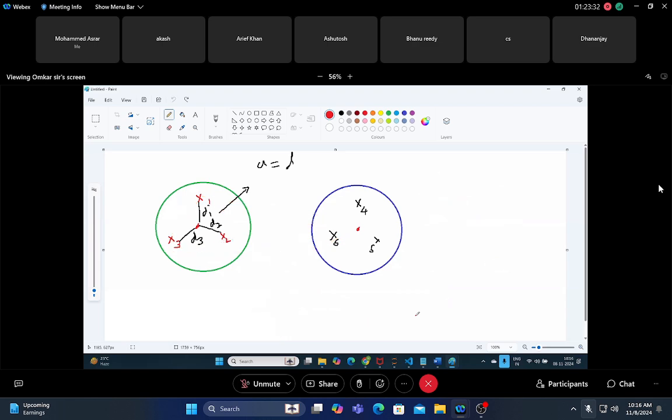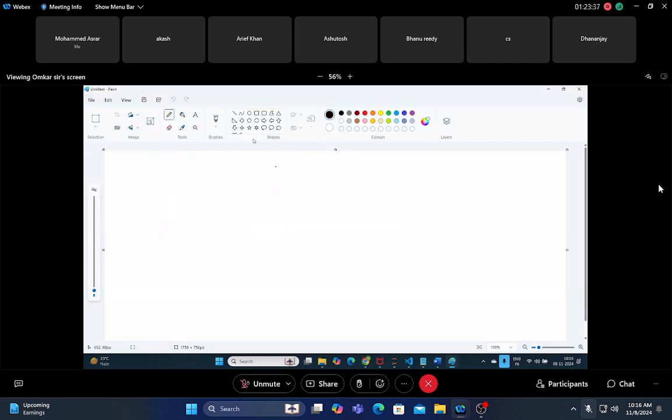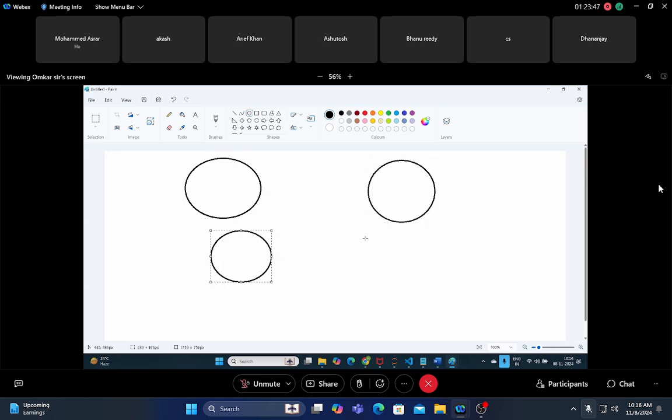Bad cluster, I will tell you with a diagram how it looks. Good cluster. Okay. Like this.